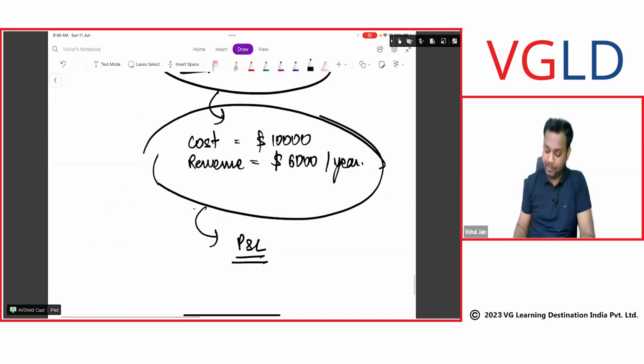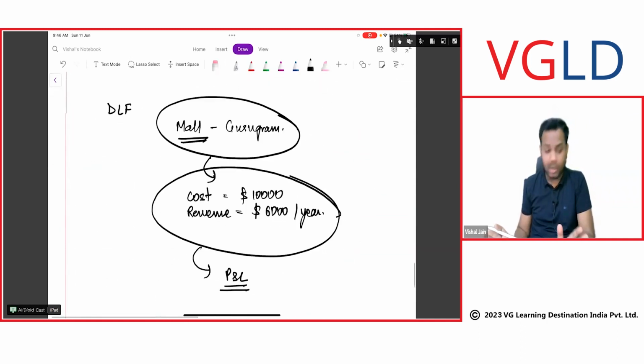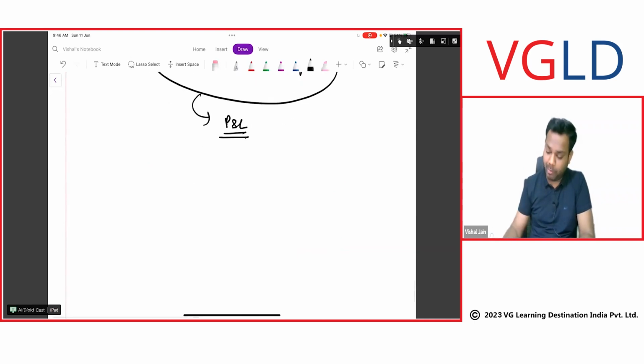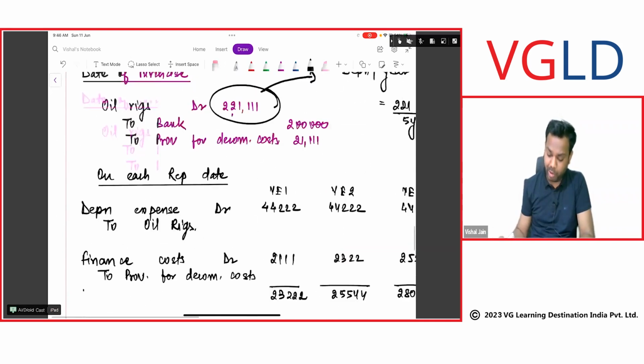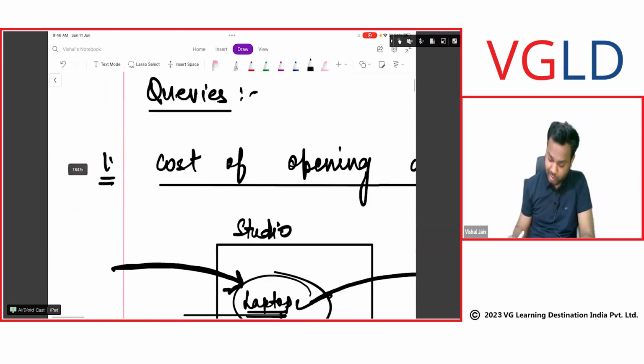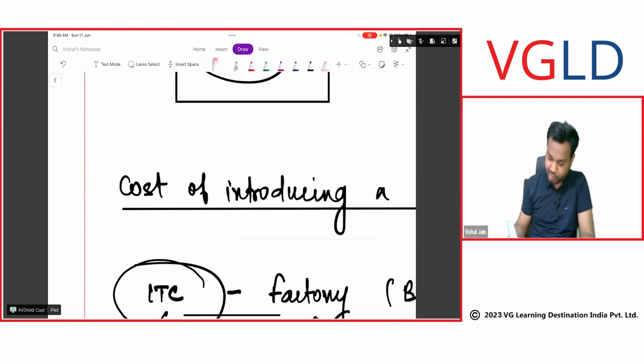Now, this is all about the queries from the previous classes. Can anyone tell me what the point number was that I was using in the last class? I will change the numbering system, otherwise you will get confused.